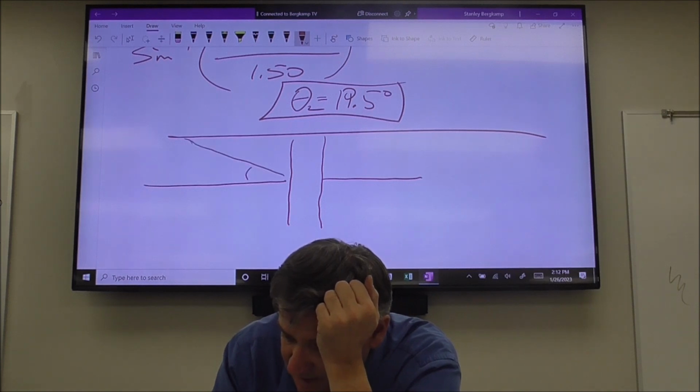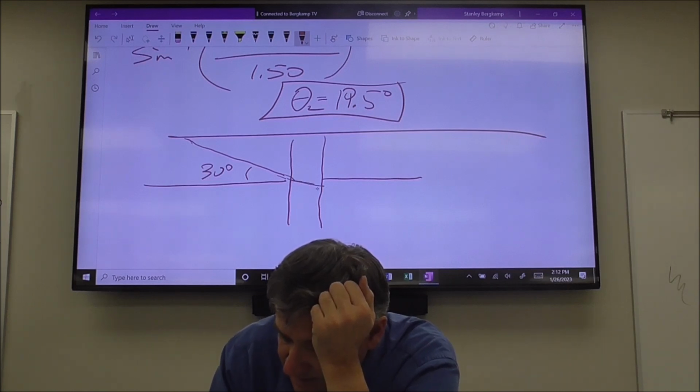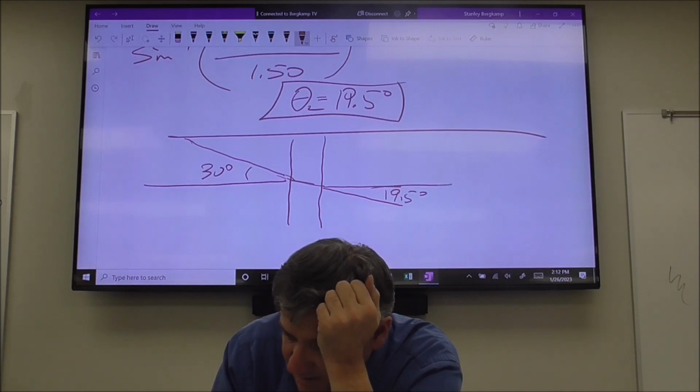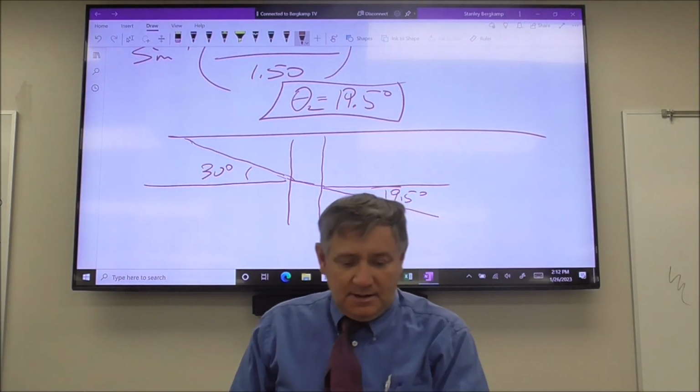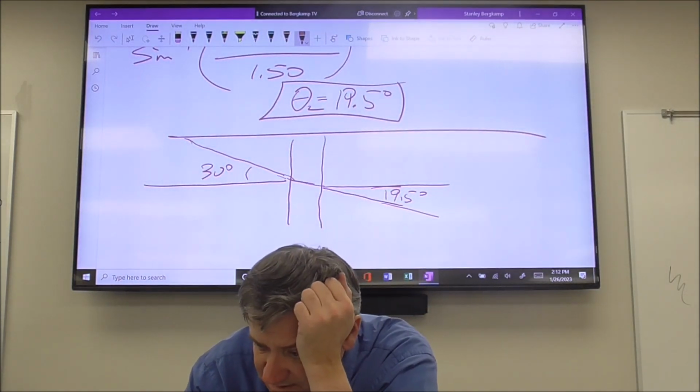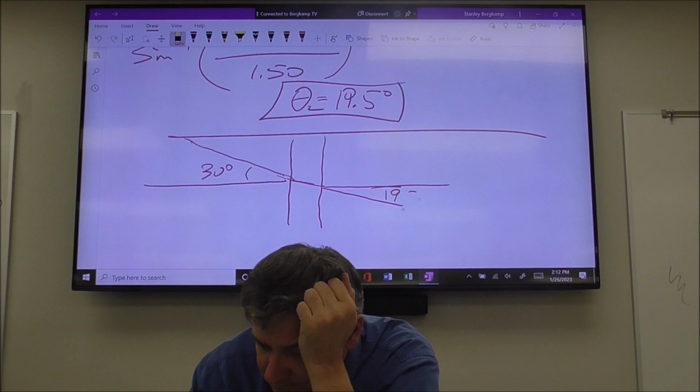It came in at 30 degrees, and then it got bent, and then it's going to come out at a different angle of 19.5 degrees. Actually, let me redraw that. I'm going to draw it a little bit bigger.